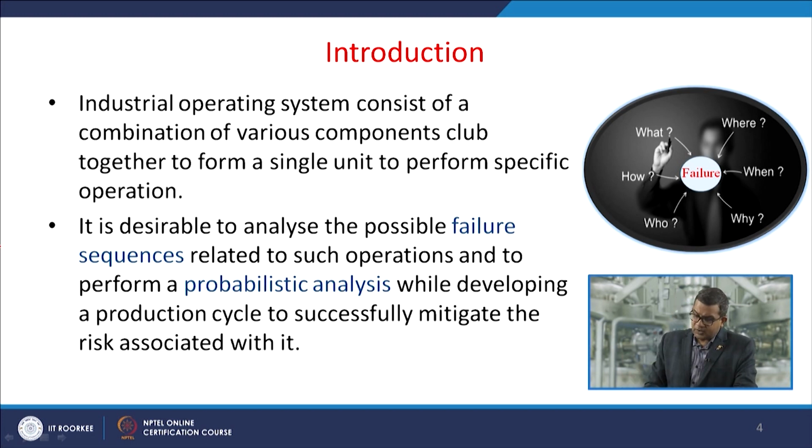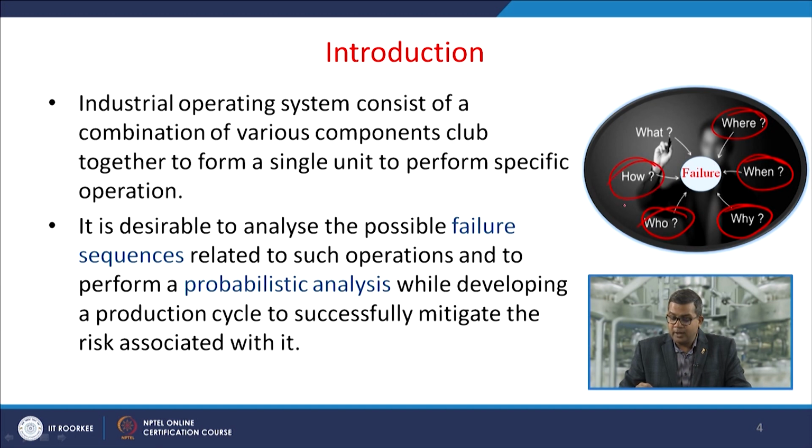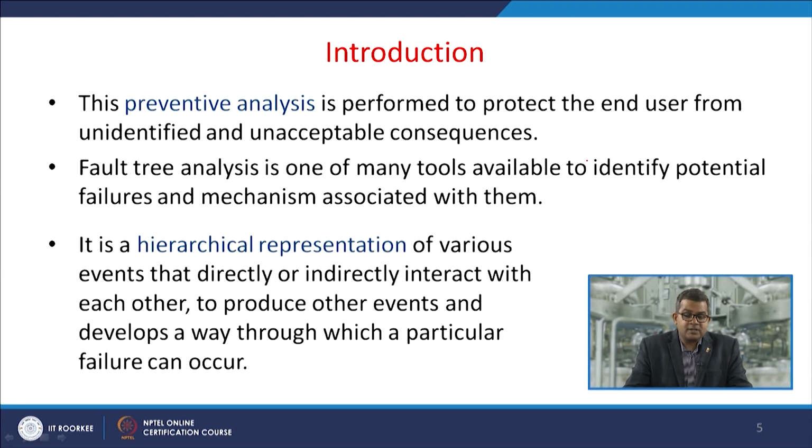So, we need to carry out a failure analysis with these six words: where, when it happened, why, who was involved, how it happened, and what. Based on this type of sequential questions, you may perform these kinds of studies.